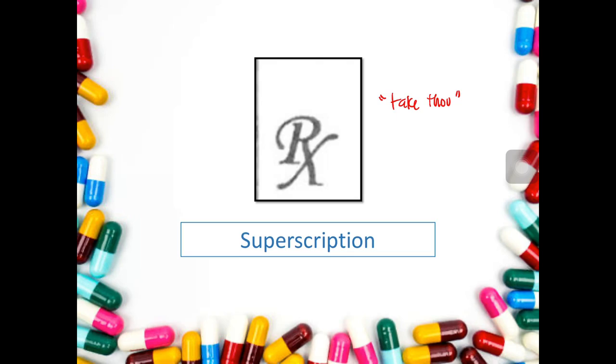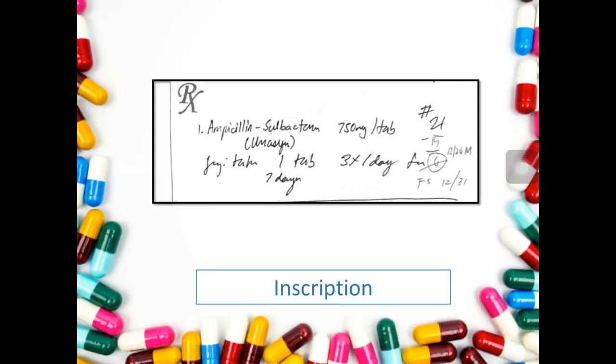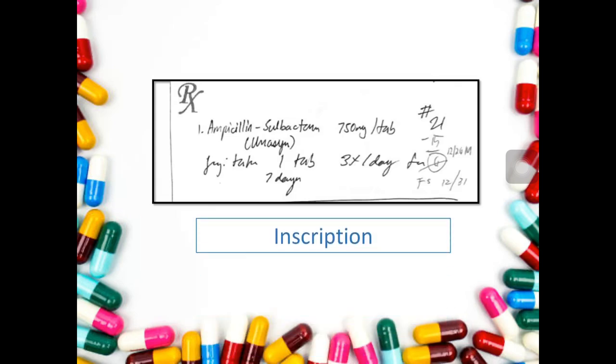The next part that we will be discussing is the inscription. An inscription includes the drug name. So for this example, we have the ampicillin sulbactam, the concentration, and the type of preparation or the dosage form.